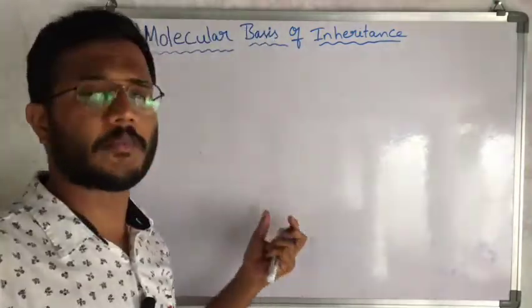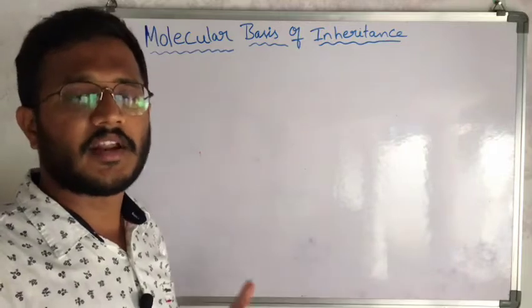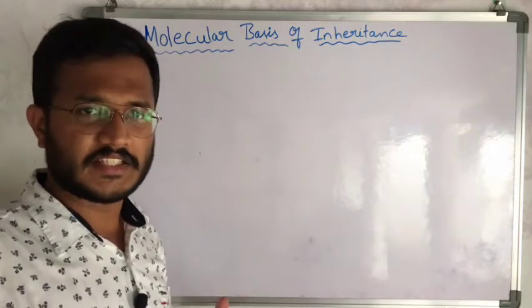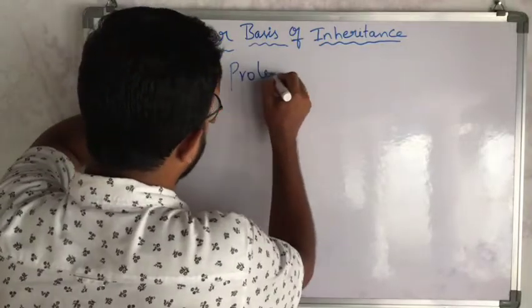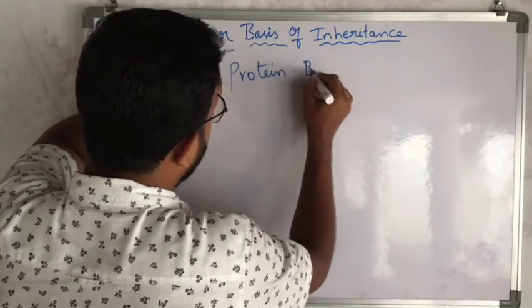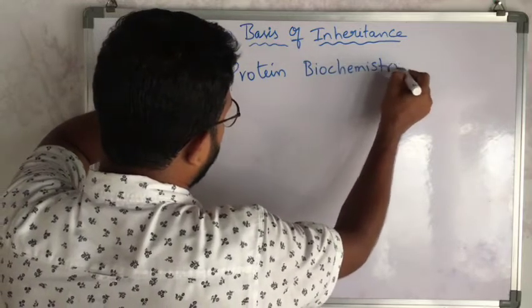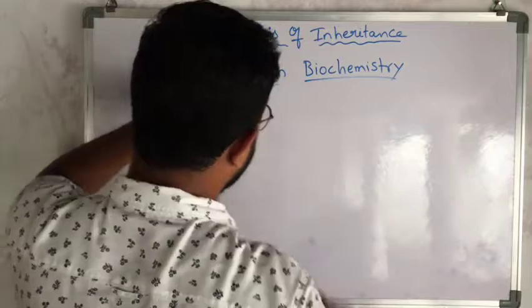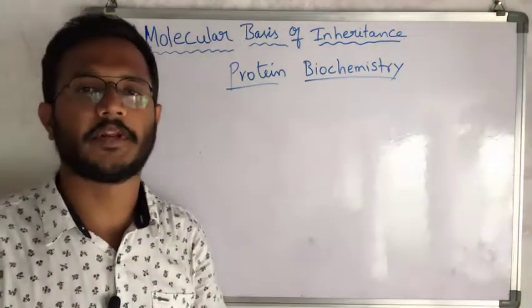If you don't know the simple structure of protein, we cannot understand the topic of translation. So here we will see protein biochemistry. Today's class is protein biochemistry. So what are the molecules present in the protein and how is the protein made up?